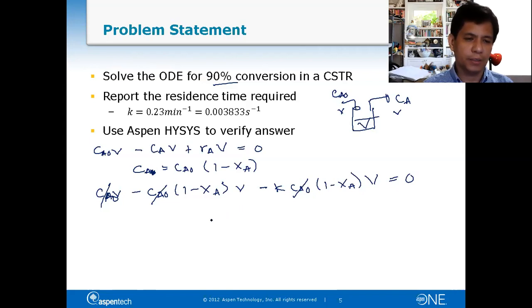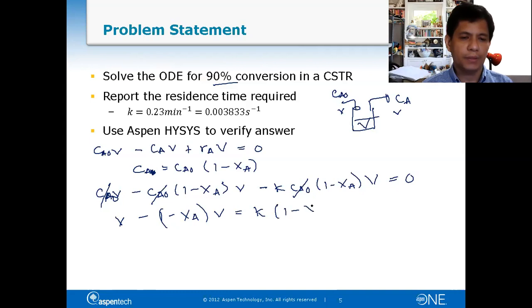Transpose natin yung last term sa kabila. Tapos ang matitira dito ay v minus (1 minus XA) times v. Sa kabilang side, we have k (1 minus XA) times V.